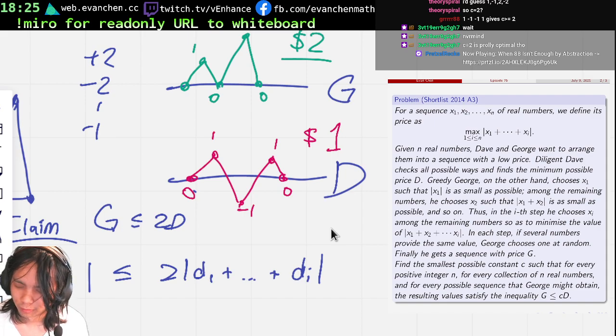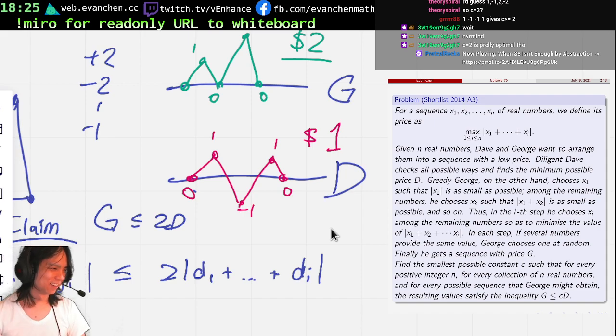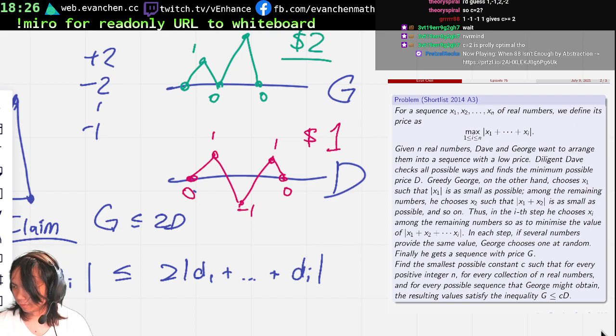Is this just going to be true? Do I think this is true? Because if so, then we're all set.